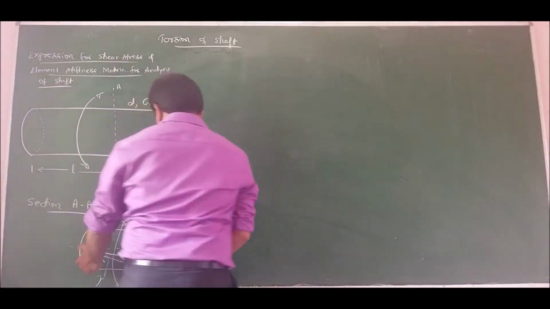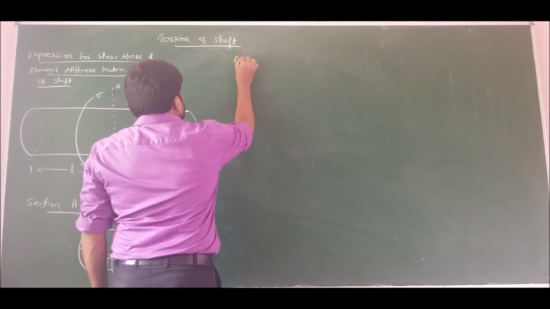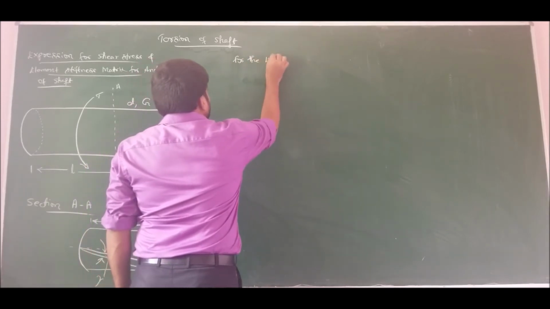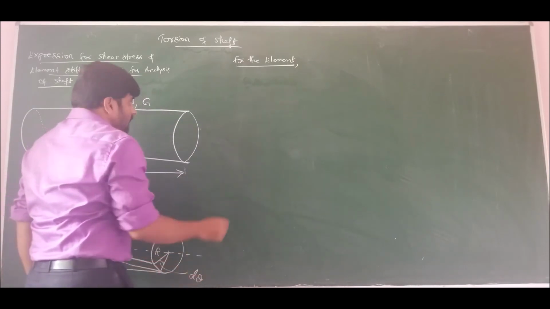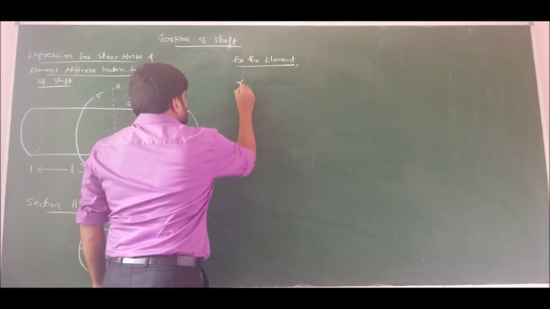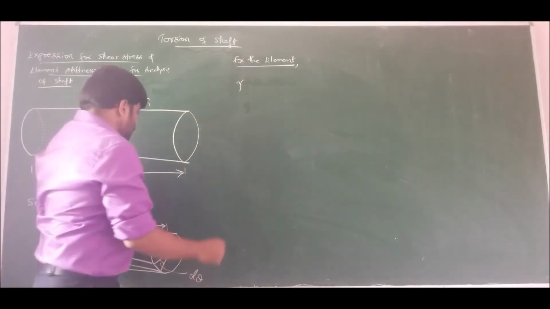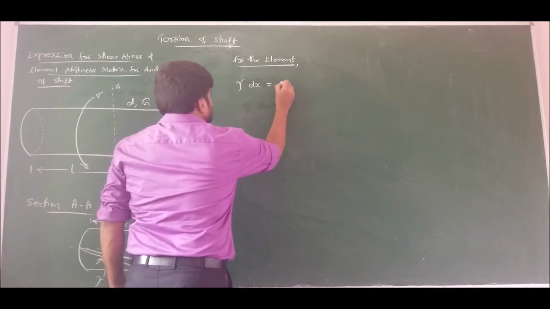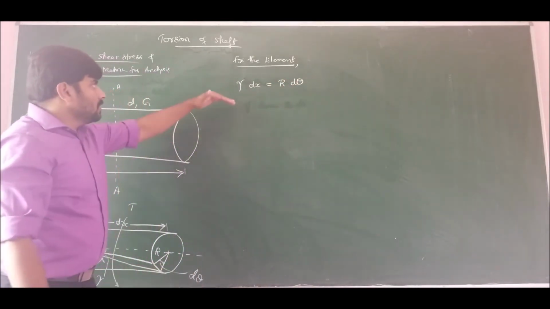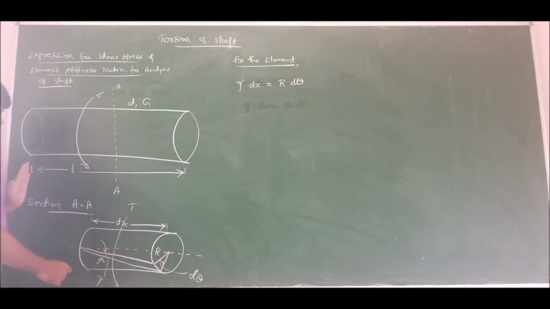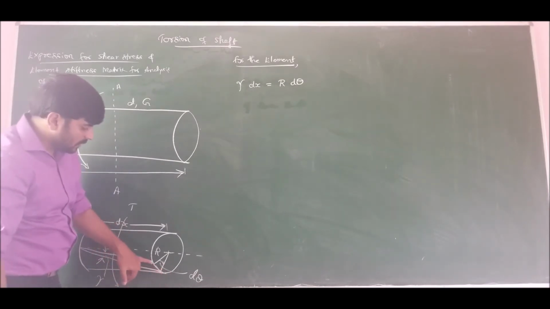So for this element to be in equilibrium, from the figure, I can write that the angular deformation, which is termed as shear strain, into length dx must be equal to radius into twist d theta. Whereas the length varies from 0 to L and the angular deformation d theta varies from theta 1 to theta 2.